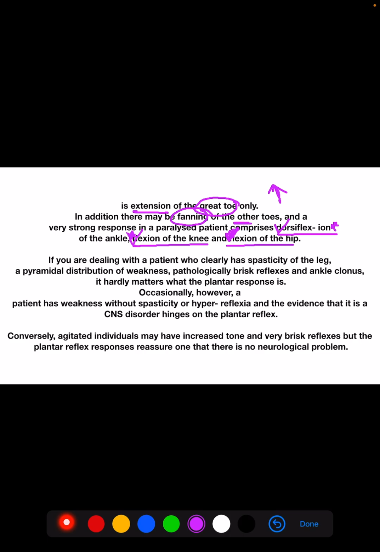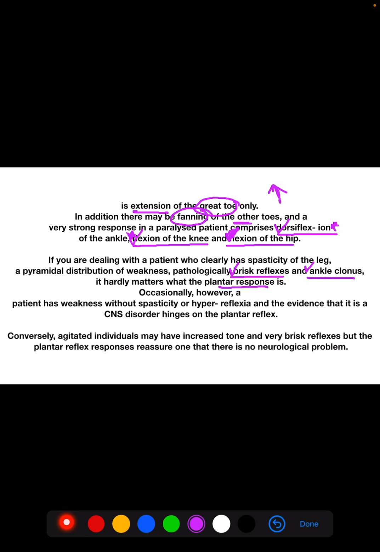Suppose you are dealing with a patient who clearly has spasticity of the leg, a pyramidal distribution of weakness, where the corticospinal tract is involved. Because of the upper motor neuron lesion, that patient will have brisk reflexes, and also ankle clonus. So it hardly matters what the plantar response is.